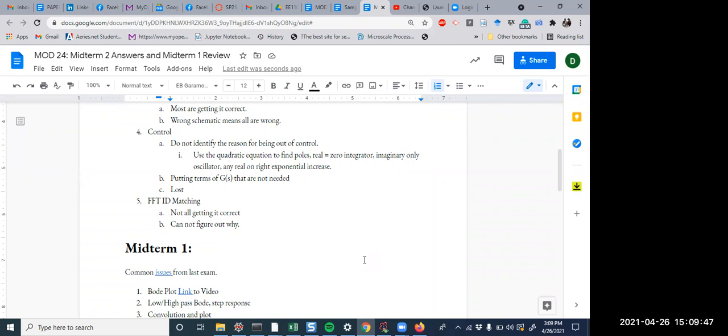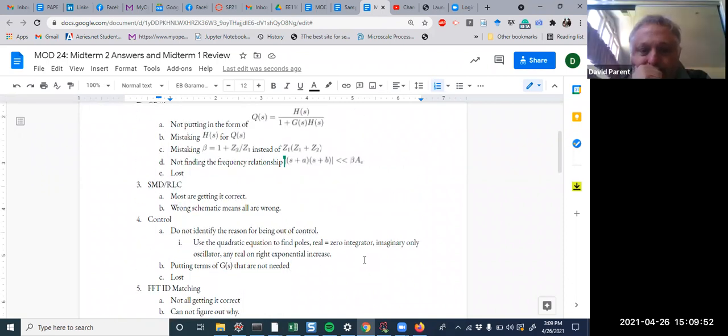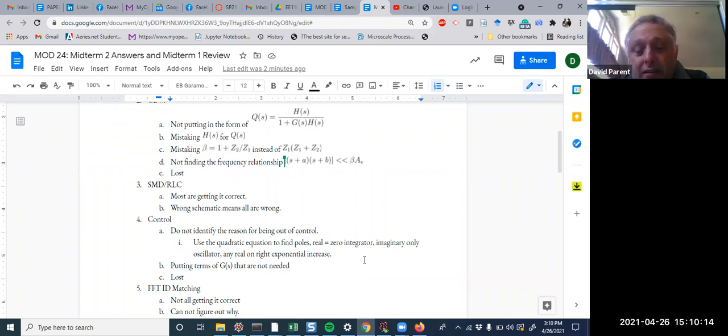For question number 3. Wait, no, question number 3. So I wrote out the equation, but I didn't write out the final equation. I say it's out of phase and stuff, but I didn't actually write out the final transfer function when r equals 0. Is that okay? You know, I have to look at it. It's possible to write what's happening.